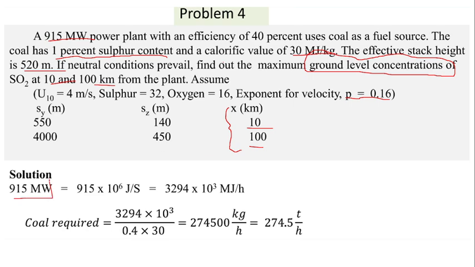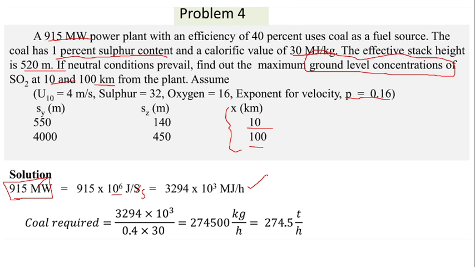Firstly, the 960 megawatt plant. So you need to do the unit conversion. This is mega, so it is 10 power 6. Watt is converted to joule per second. It's the smallest unit. Okay. And then from seconds, it is converted to hour.